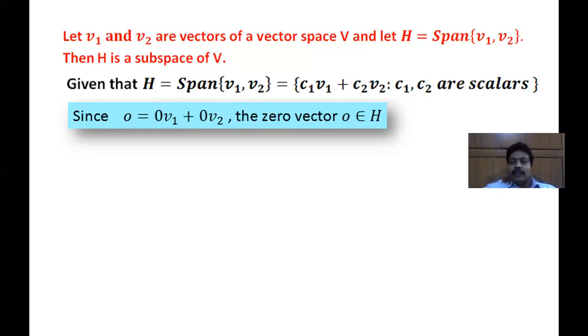If you multiply with any scalar, you will get another vector in V only. So after adding those two different vectors, you will be in V only. That's why span of V1, V2 is a subset of V. It is very clear, it is obvious.